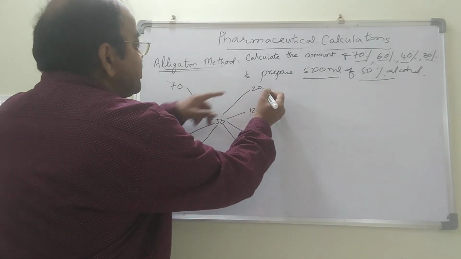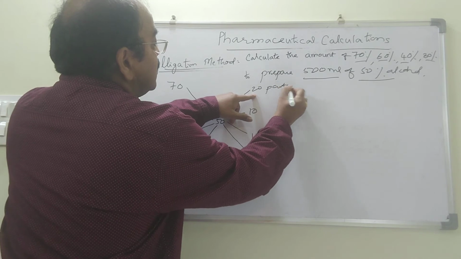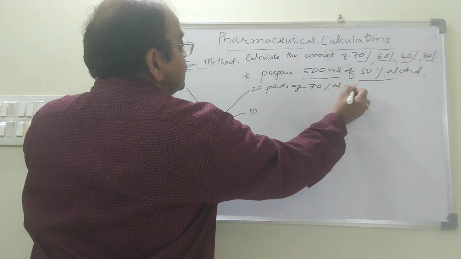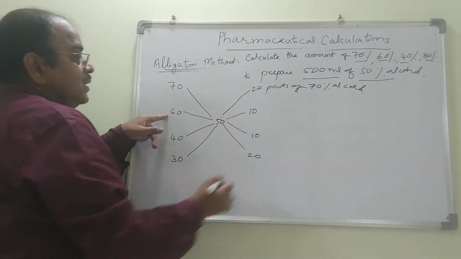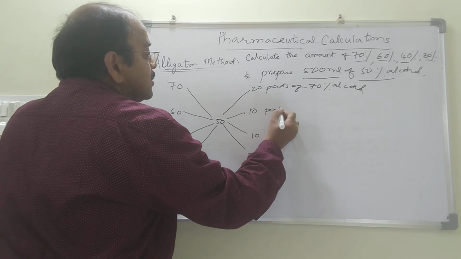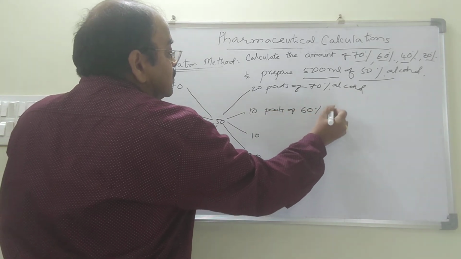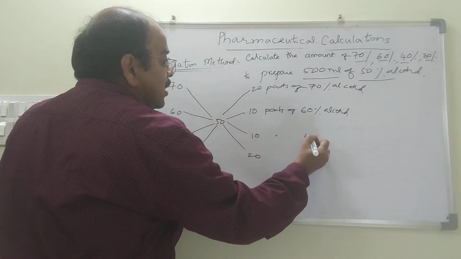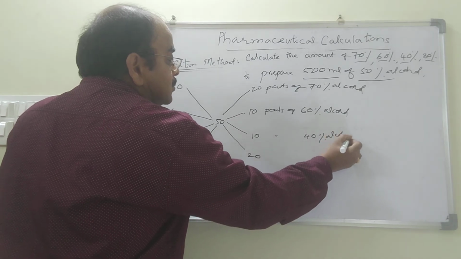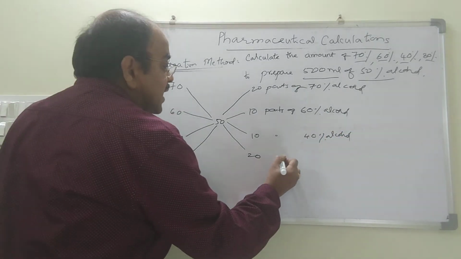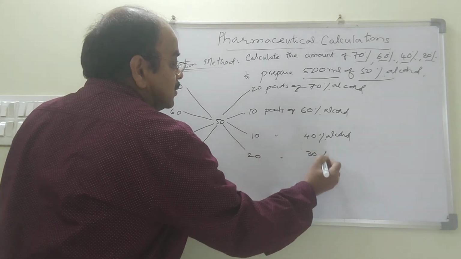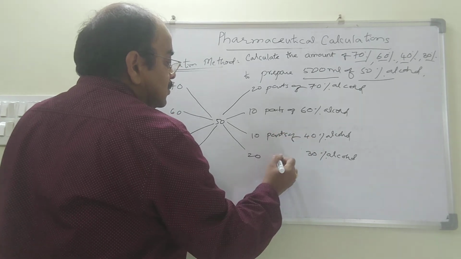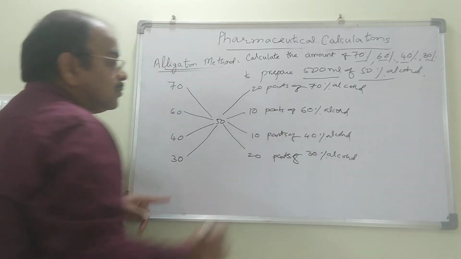So we have to use 20 parts of 70% alcohol, 10 parts of 60% alcohol, 10 parts of 40% alcohol, and 20 parts of 30% alcohol.